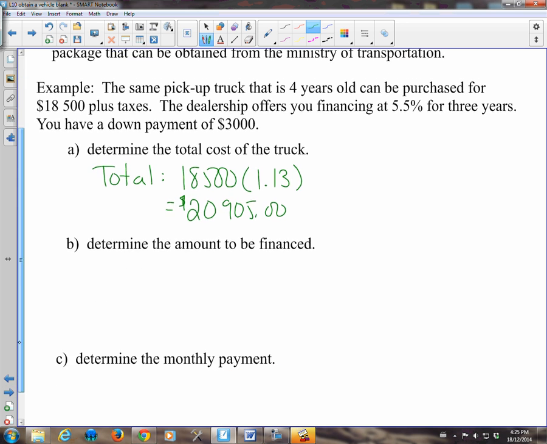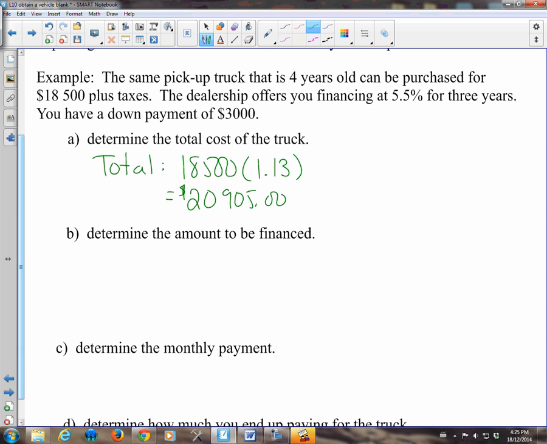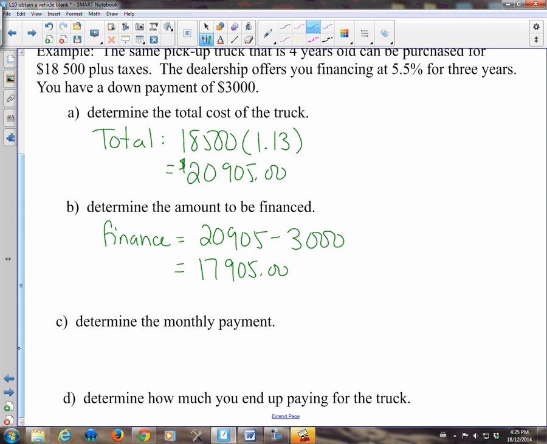The amount to be financed is $20,905 minus the down payment of $3,000. So we're financing $17,905. Get out your TVM solver, enter the amounts, and we will be getting $540.66 per month.